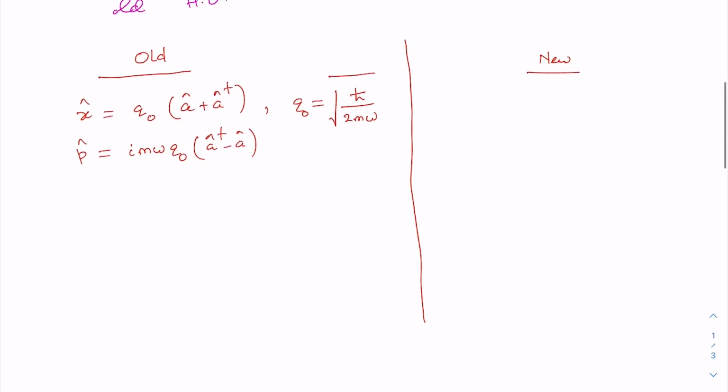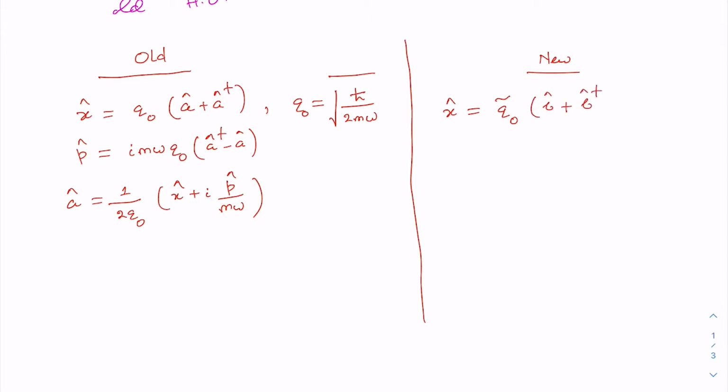Alright, and therefore you can immediately write the annihilation operator a as 1 by twice q0 times x plus ip by m omega. Now the new harmonic oscillator has its position operator x cap, with zero point fluctuation q0 tilde, and the annihilation operator, let me write it as b, and the creation operator is b dagger.